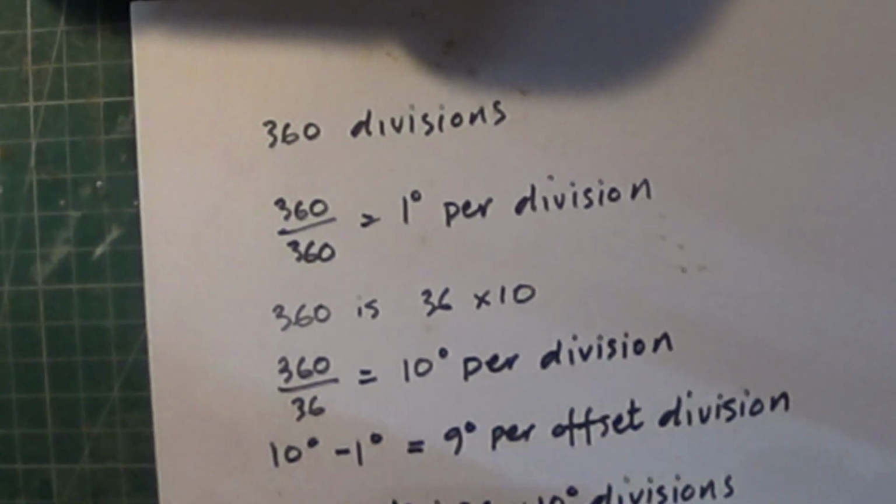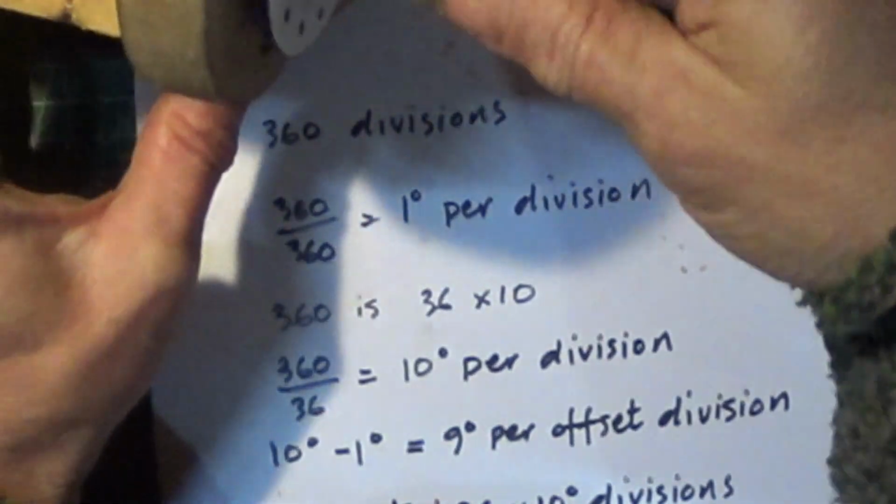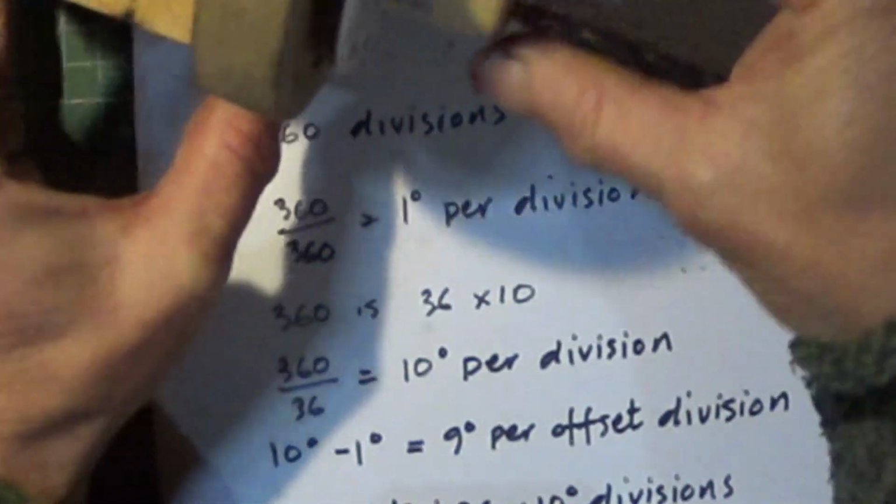So on a normal spin indexer, the back plate holes are 9 degrees apart, and the moving plate holes are 10 degrees apart, one degree difference.